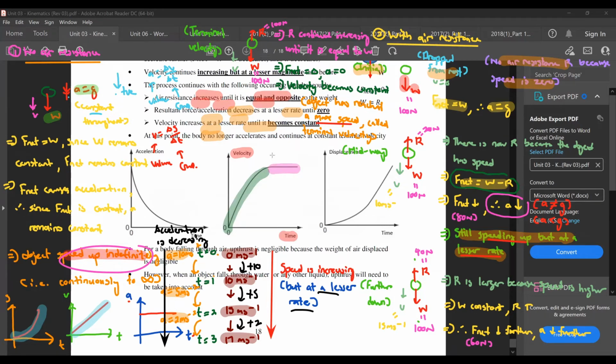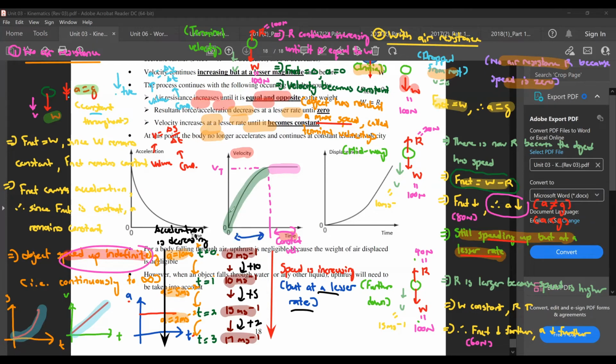Yes, because this part here is actually your terminal velocity. Let's just say your terminal velocity is Vt. Okay, so over this side, you have reached constant velocity. But what about the part before that?